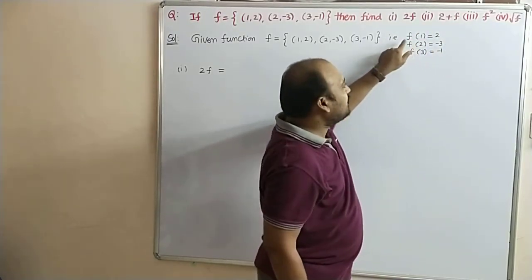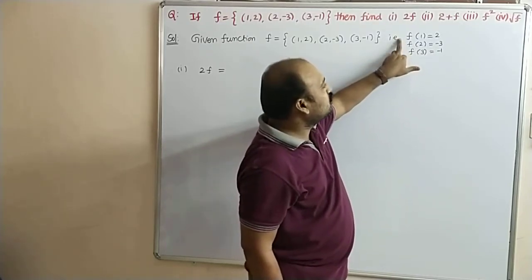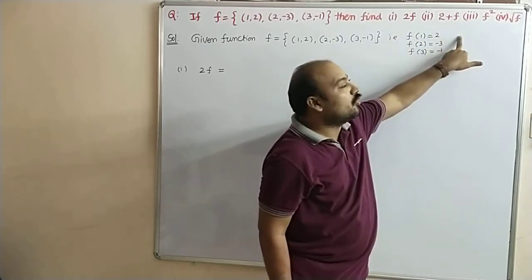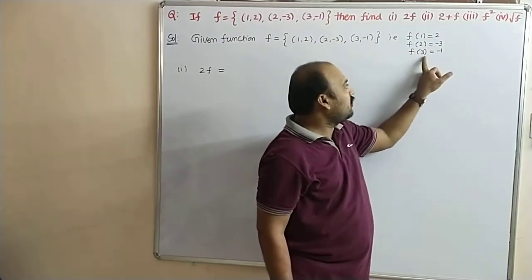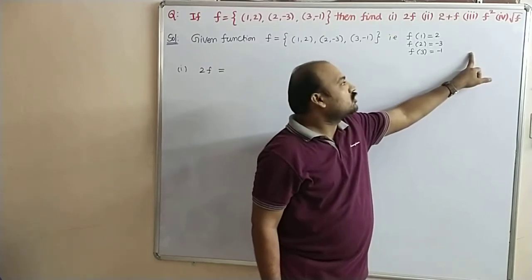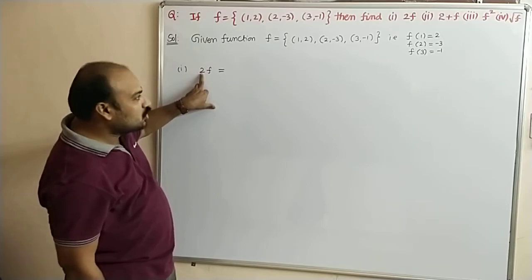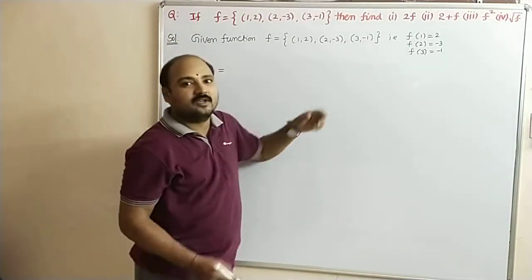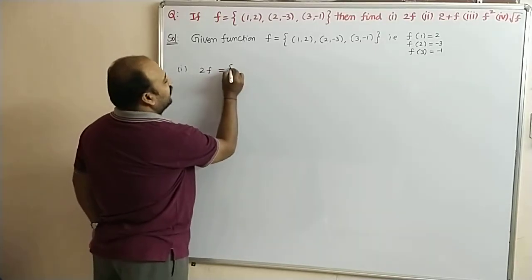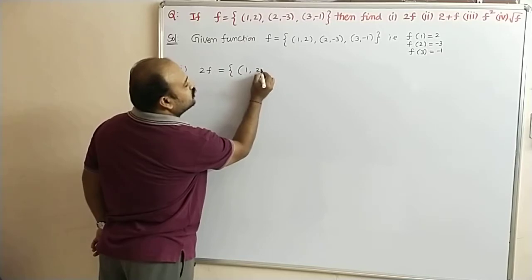If you multiply each and every term with 2, so 2 into f of 1 means 2 into 2, 4. 2 into f of 2 means minus 3 into 2. 2 into f of 3 means minus 1 into 2. So that means we are multiplying 2 with the codomain elements in this function. So 2f equal to (1, 2 into 2).